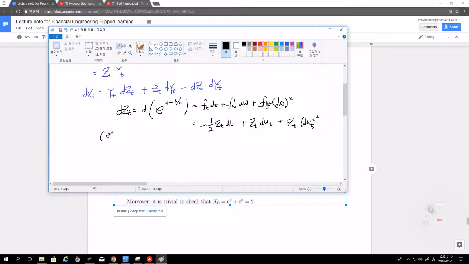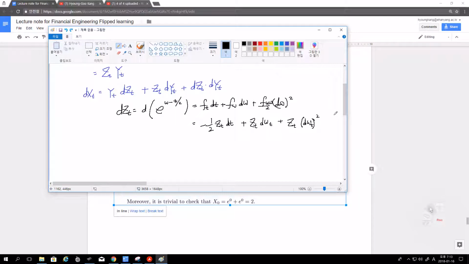Because there is nothing over here, if we take the derivative of w, then, well, the 1. So again, take the derivative again, you have the same thing. So it is natural. Because it is not a w term, this term doesn't affect anything when we take the derivative in terms of w, the Brownian motion.